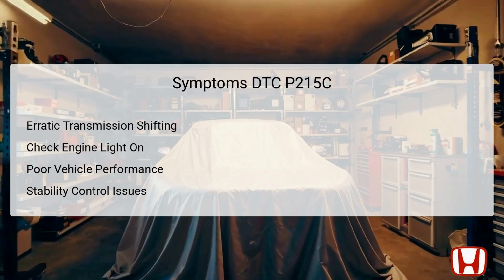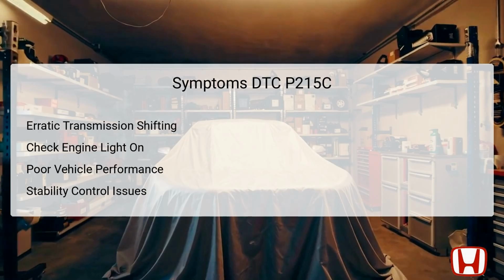When DTC P215C is triggered, drivers may experience several notable symptoms. Erratic transmission shifting can occur as the vehicle tries to adapt to conflicting sensor data, resulting in unexpected jolting or hesitation during gear changes. The check engine light will also illuminate, indicating there is a fault that needs addressing.